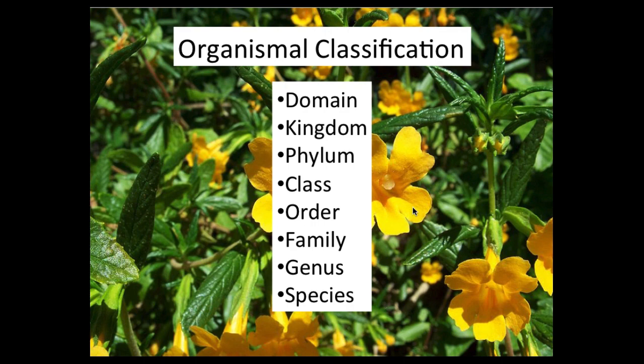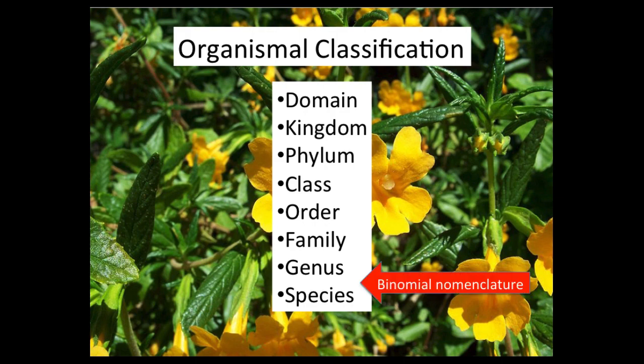And as we work our way down this classification scheme, the domain level's very big. There's tens of thousands, hundreds of thousands, or even millions of organisms in a domain. But when we get down to the genus and species level, now we're looking at very few or even just one single organism.